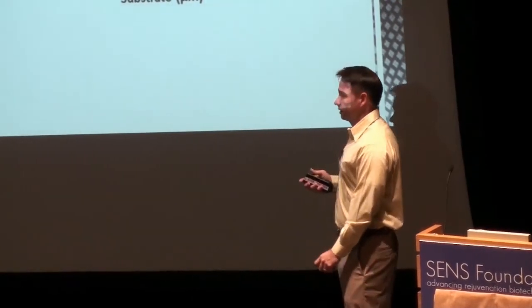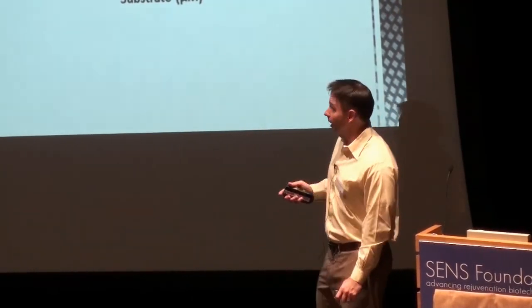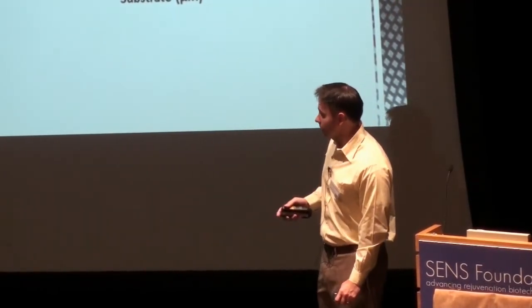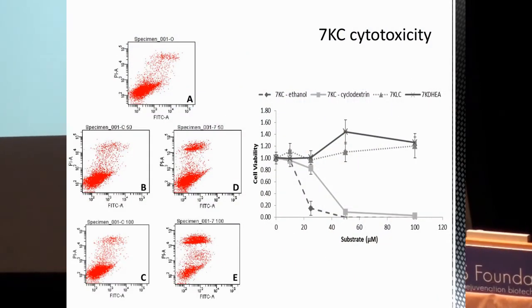So we studied 7KC cytotoxicity in fibroblasts, and this is a result of a FACS analysis we did. We stained with Annexin V FITC and PI, propidium iodide, and this is an indication of the apoptotic state or not. What we have here is untreated. So this is what a normal population of cells looks like. These were treated with 50 micromolar and 100 micromolar cholesterol.